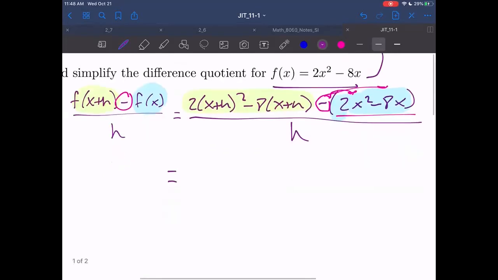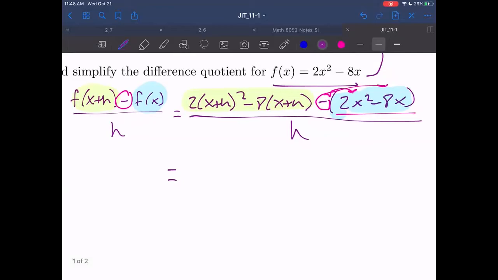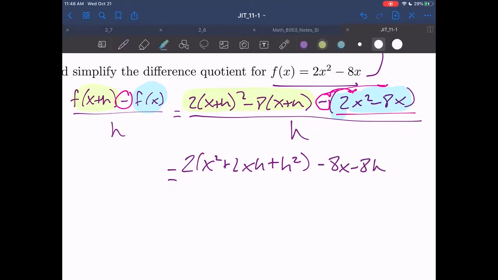Okay, so now here we'll expand the first one out. So we get 2 times x squared plus 2xh plus h squared, minus 8x minus 8h. I expanded our (2x plus h) squared out and then distributed my negative 8 to my x plus h.